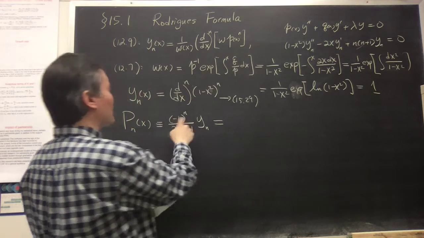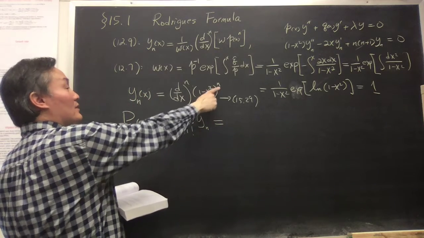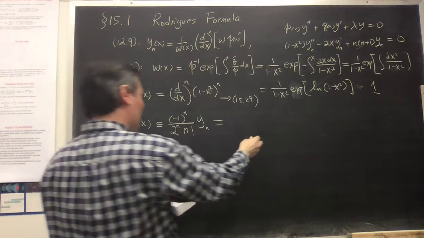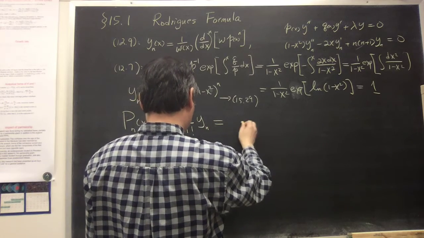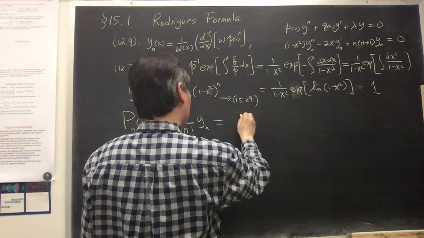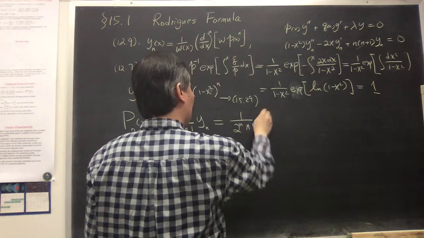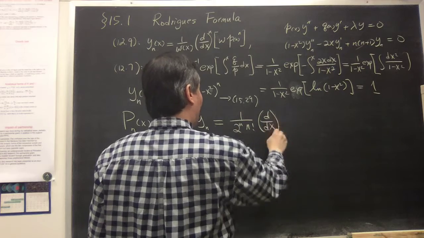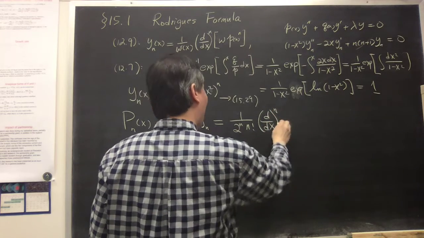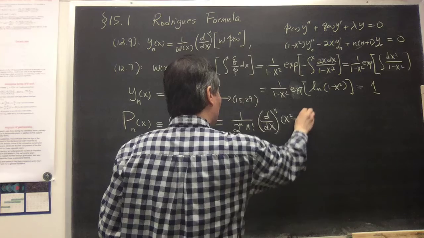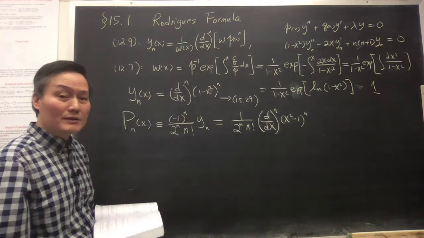Okay, and this minus 1 to the n power you can use to flip the sign of this factor. So that becomes 1 over 2 to the power n n factorial, and the nth derivative of x squared minus 1 to the n power.